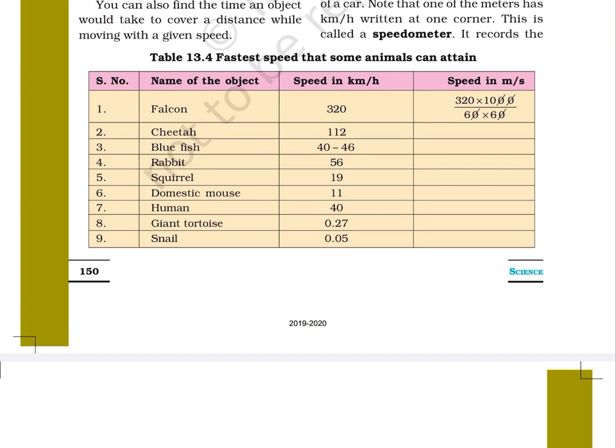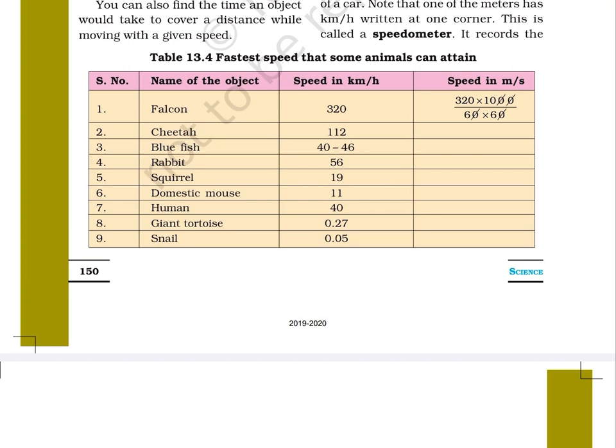Squirrel, 19 km per hour. Domestic mouse, 11 km per hour. Human, 40 km per hour. Giant tortoise, 0.7 km per hour. Snail, 0.05 km per hour.